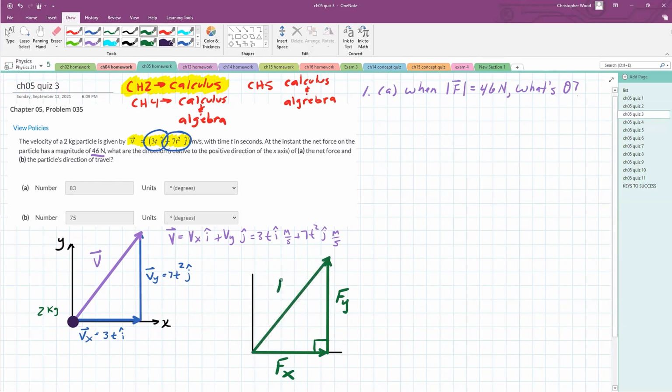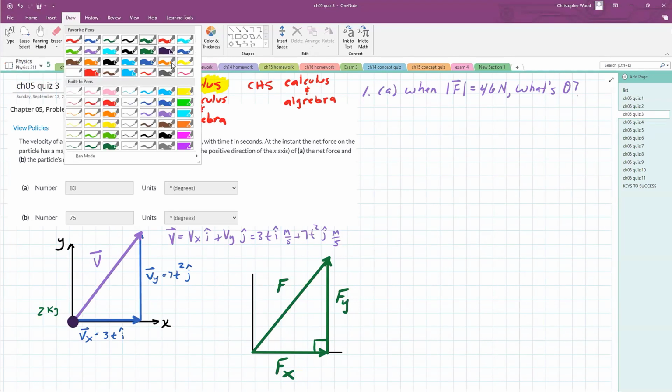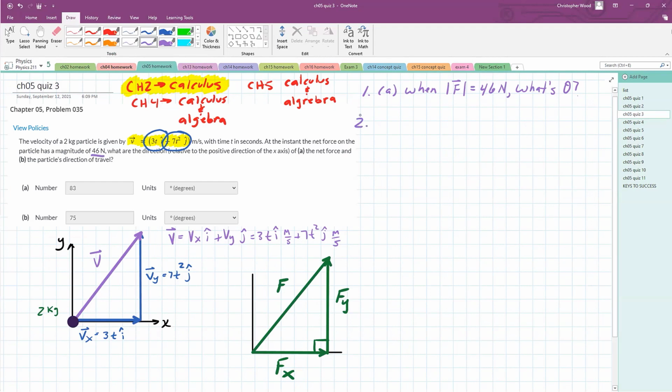And right away, I'm thinking Pythagorean theorem, because that's a right angle triangle, which means you get to use SOHCAHTOA and Pythagorean theorem. Here, this is theta.